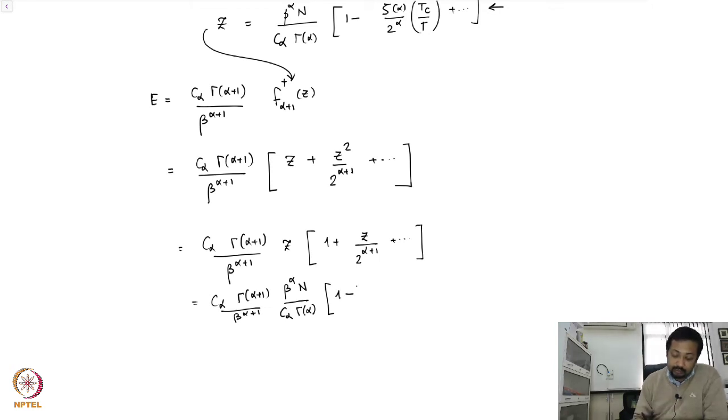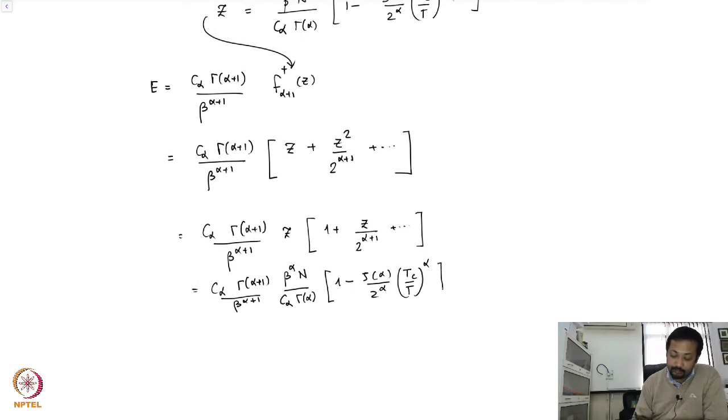The next is zeta alpha over 2 to the power alpha Tc over T raised to the power alpha, times 1 plus beta alpha n divided by C alpha gamma alpha 1 over 2 to the power alpha plus 1, and of course you will have multiplying this plus higher order terms.